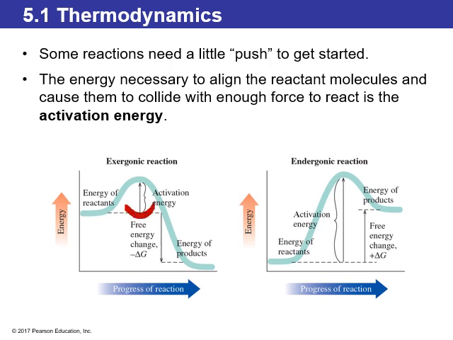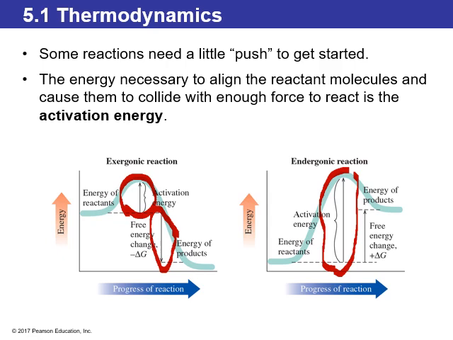So this is your spark, your activation energy, and this is the free energy change, delta G. So this is an example for exergonic reactions. In an endergonic reaction, you're going to have a much higher activation energy.